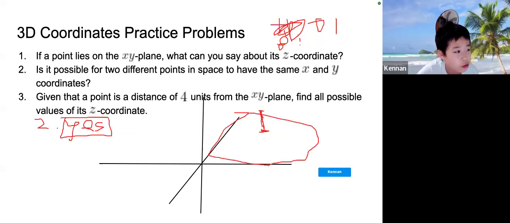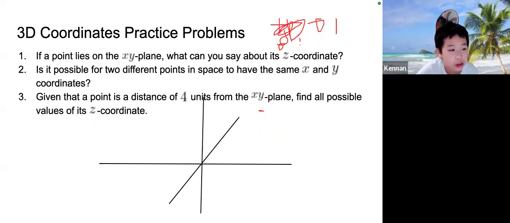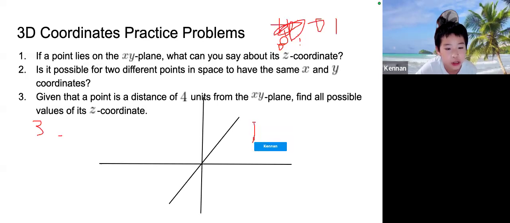And then for the third one, suppose it's 4 units away.